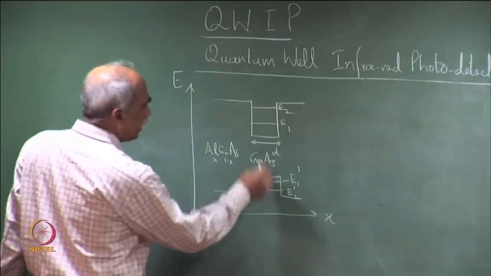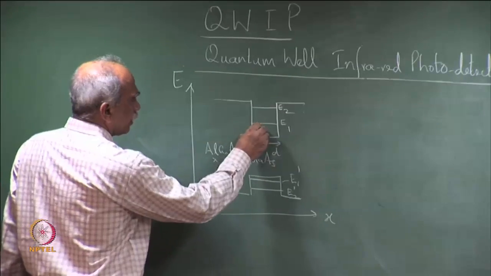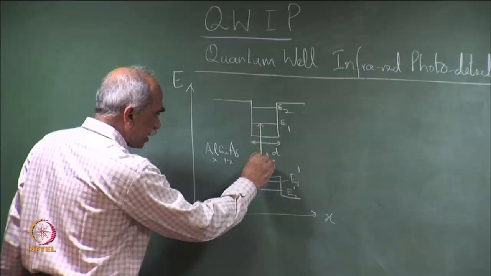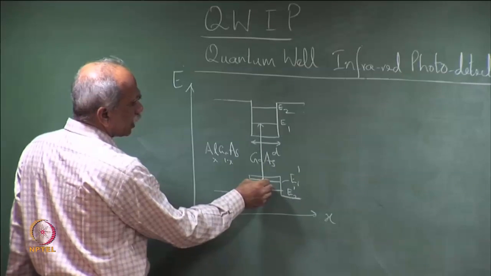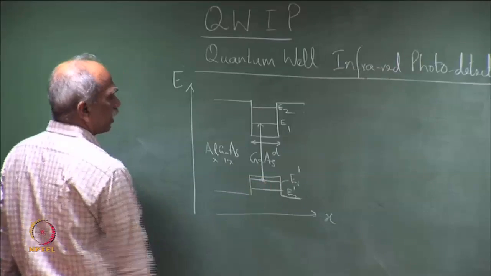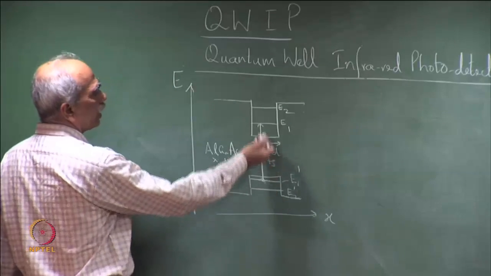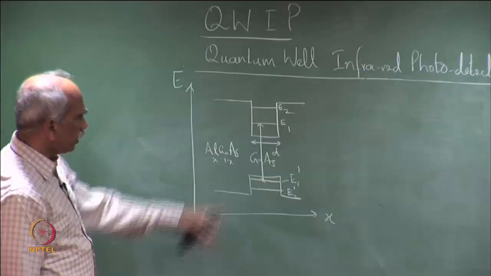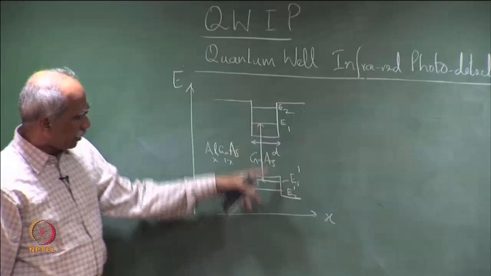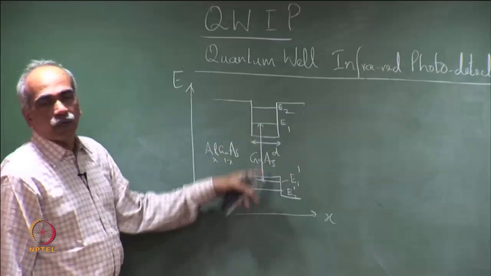And the interband transitions take place from here to here, that is, to the lowest allowed energy level here. So, an electron from here can make a transition to the conduction band, to E1, and create a hole and an electron in the process.